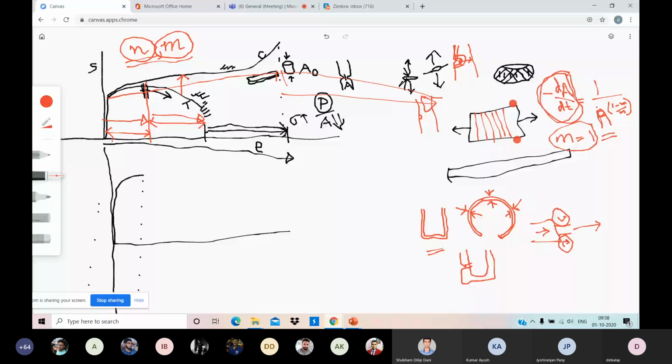Can you tell? Who can tell? Even the yield point in compression may be a little higher.